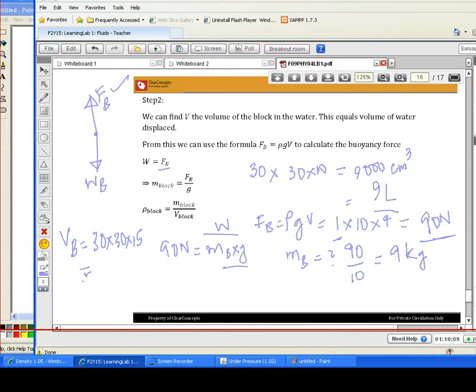13.5 liters precisely. So if 13.5 liters is the volume of the block, and the mass of the block is 9 kilograms, what must be its density? Density equals mass by volume. Please calculate the density in kg per liter.